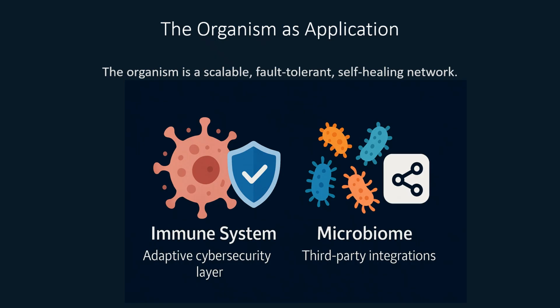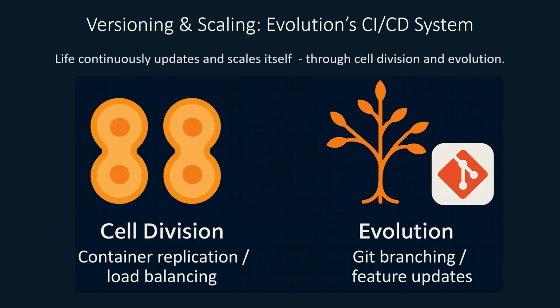Now let's briefly discuss versions, like CI/CD systems. Life evolves through variation and selection, nature's own continuous integration and deployment system. Each generation tests small changes. Successful ones persist.